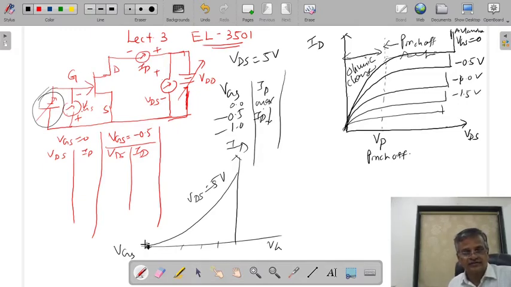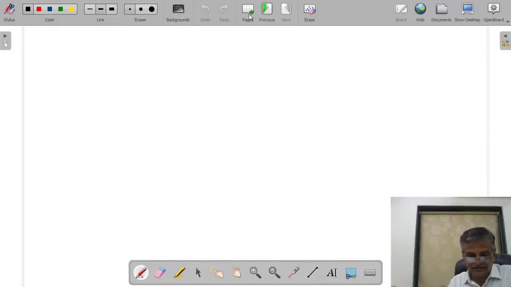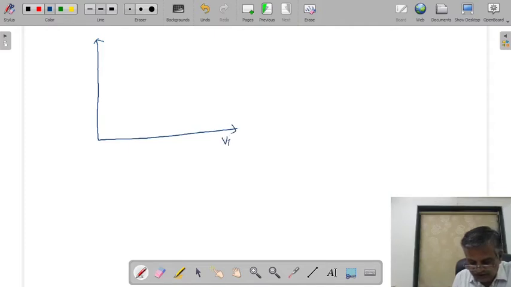Now today we are discussing the regions of the FET characteristics and its parameters. I am showing the output characteristics of the field effect transistor. This is your drain characteristics. From the characteristics I will define the parameters.